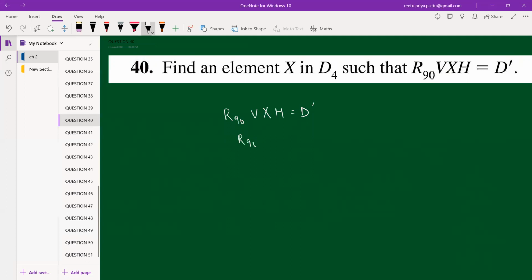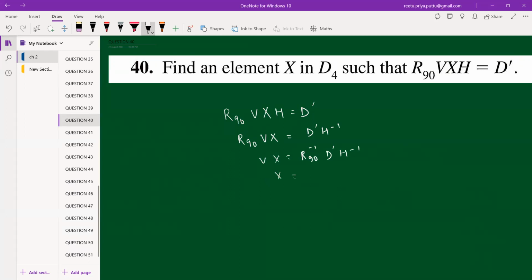So what I did is I will multiply H inverse on the right on both sides. So I get D dash H inverse. Now I will multiply by R90 inverse on the left. So I will be getting R90 inverse D dash H inverse. Again, this is X.